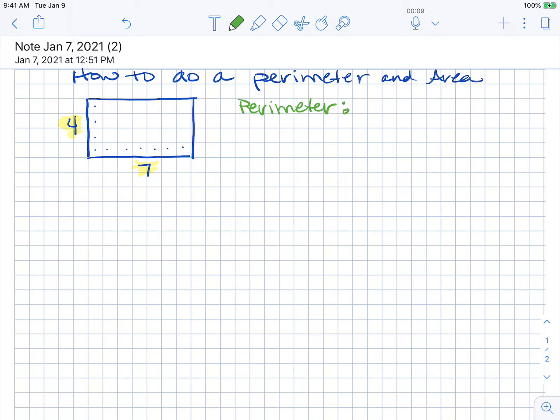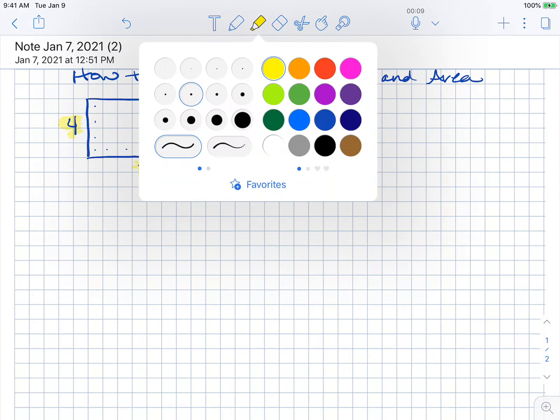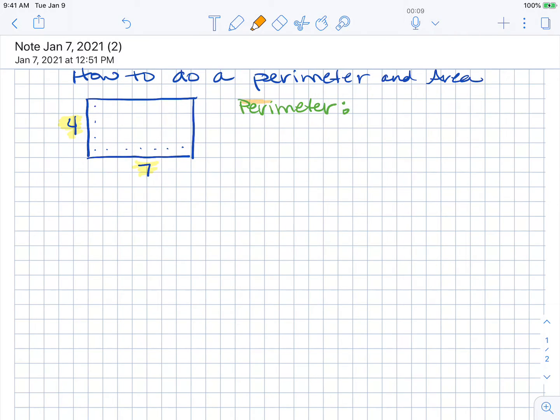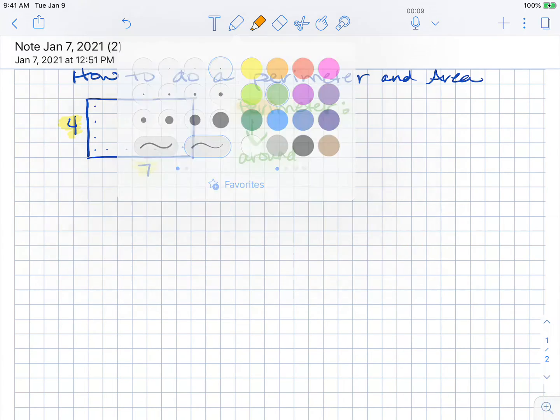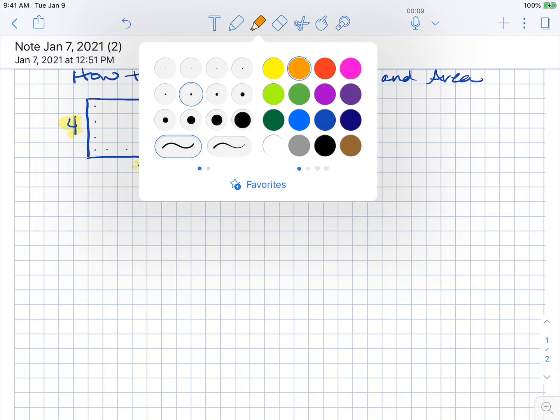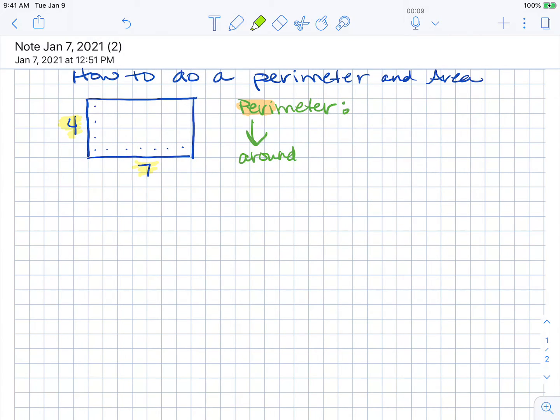Well, I can break the word perimeter into two pieces. My part "peri" right here, well, peri means around. And this part here where I have meter, well, meter is a measure of distance.